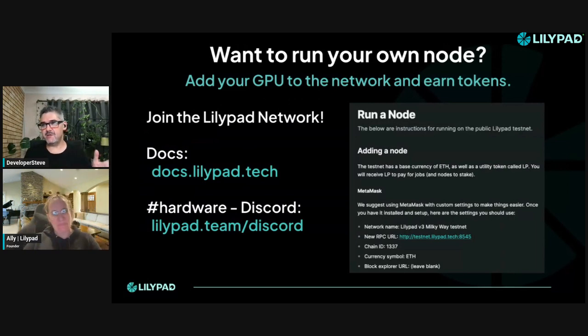Also, if anyone is interested in running their own node as part of the network, you can do that as well. We're not going to cover it in this session because there's not a whole lot of time, but please reach out, join the Discord, or check out our docs, because we've got a really good write-up on how to do that, and you can run it on pretty much anything, which is what Ali was saying at the start.